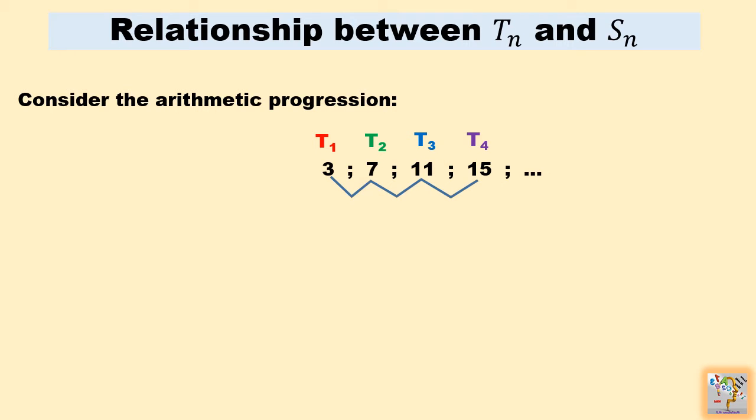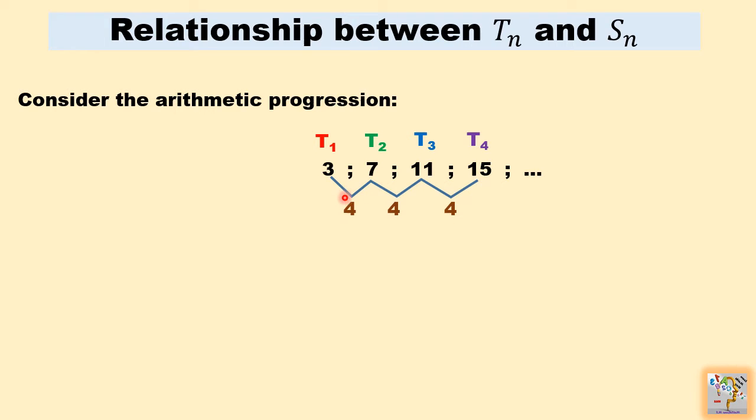You look at the difference between any two consecutive terms. You take the succeeding term and subtract the preceding term. So 7 minus 3 must be the same as 11 minus 7, which must be the same as 15 minus 11, which is equal to 4. So we can confidently say this sequence is arithmetic because the first difference is common.